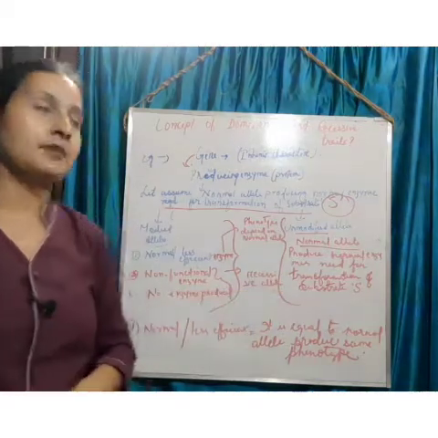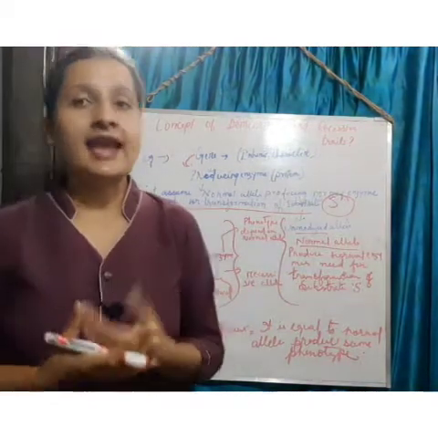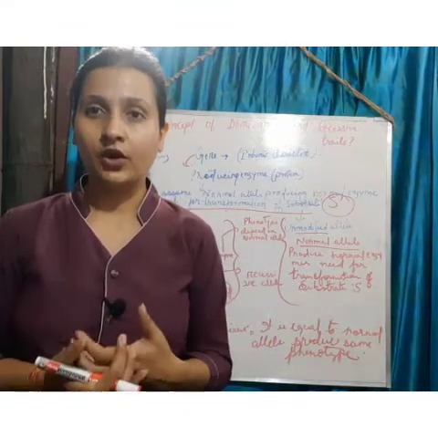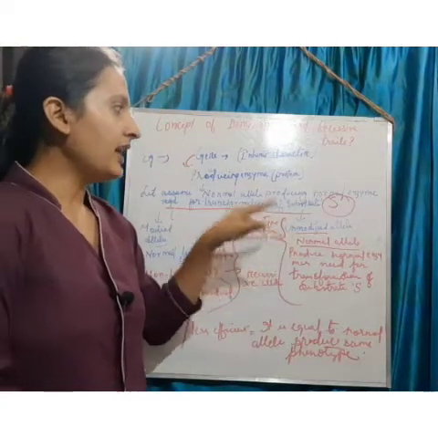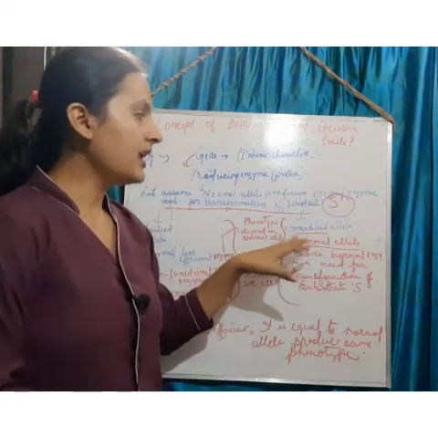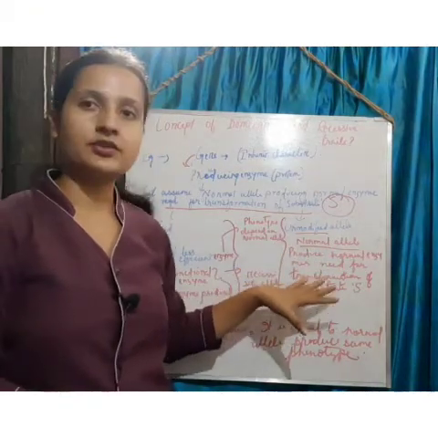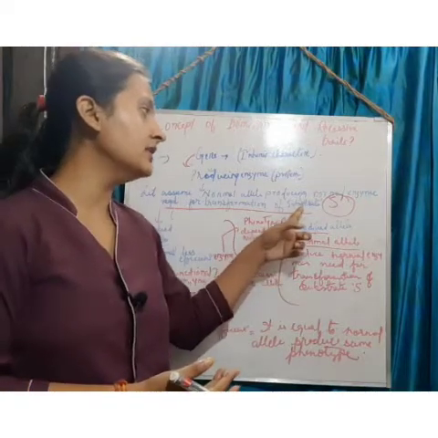Say for example, suppose this normal allele is carrying the information for the character tall, the tall trait. So this unmodified allele will remain the same. It means it will have the tall trait, it will produce the normal enzyme which is required by the substrate.